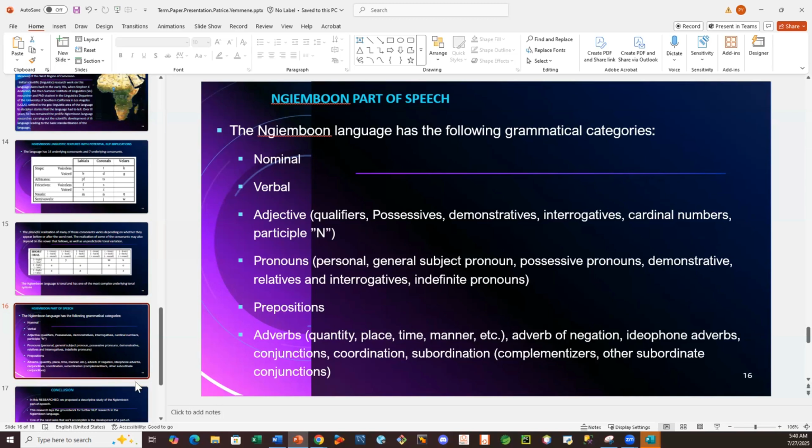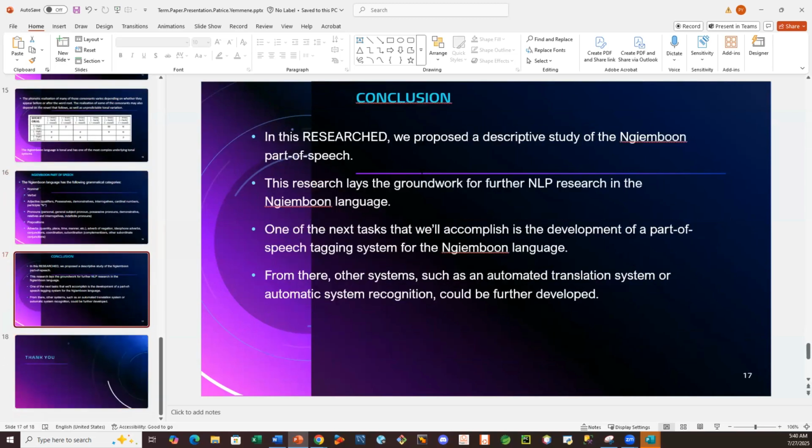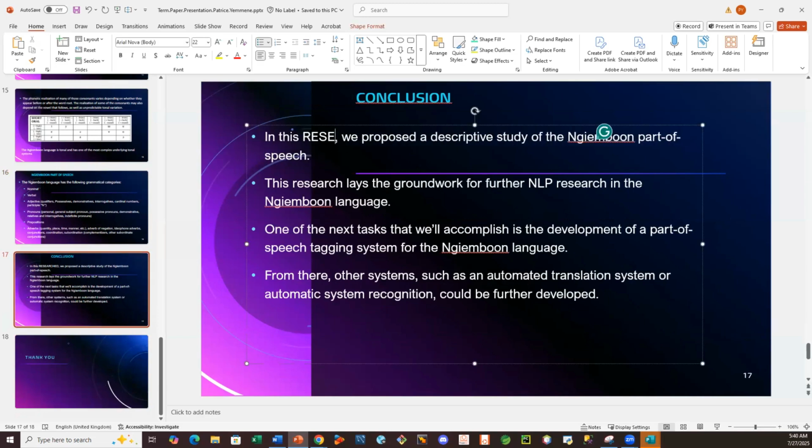And it was actually necessary for us to begin by describing the part of speech system of this language, as we believe it lays the groundwork for further natural language processing research in the Ngiemboon language.